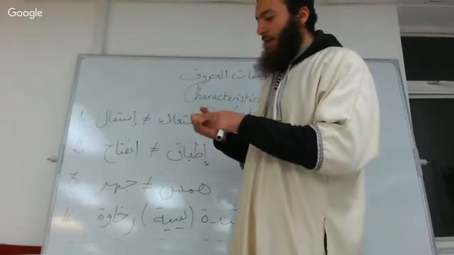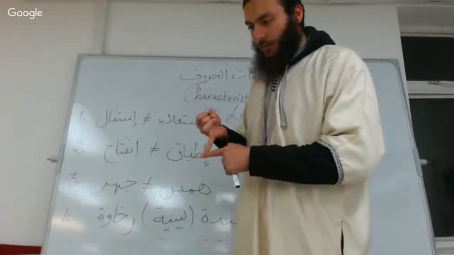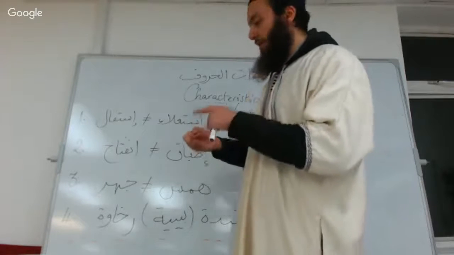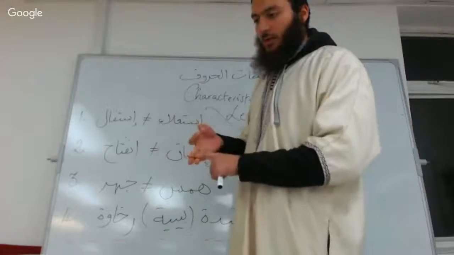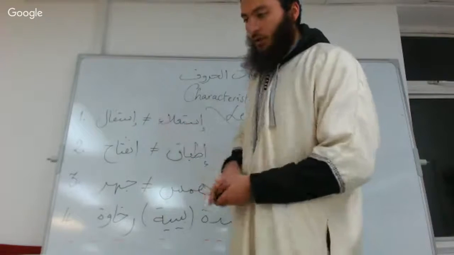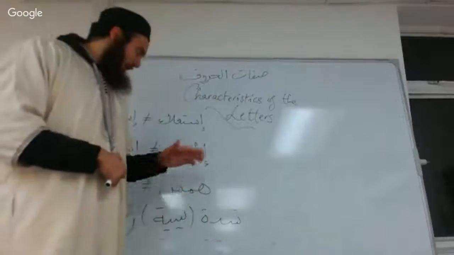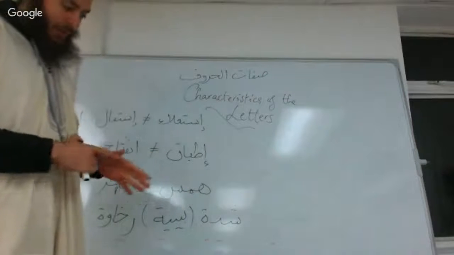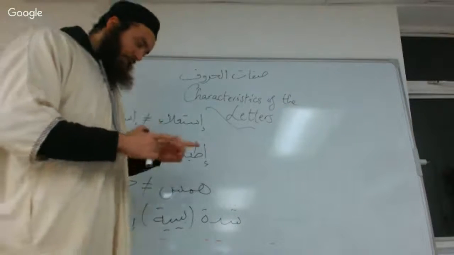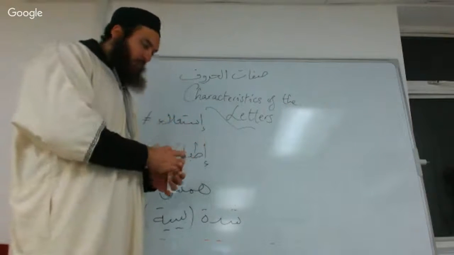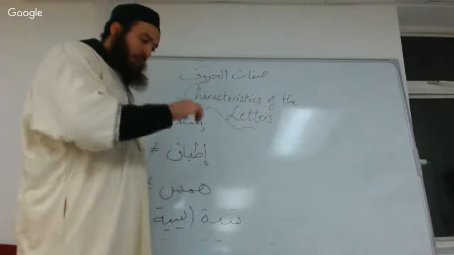The kha has isti'la when it has a fatha, has isti'la when it has sukun, kasra, dhamma, shadda, whatever else you can think of. The same thing with any other letter. Every letter that has a particular characteristic, that characteristic applies in all its cases.